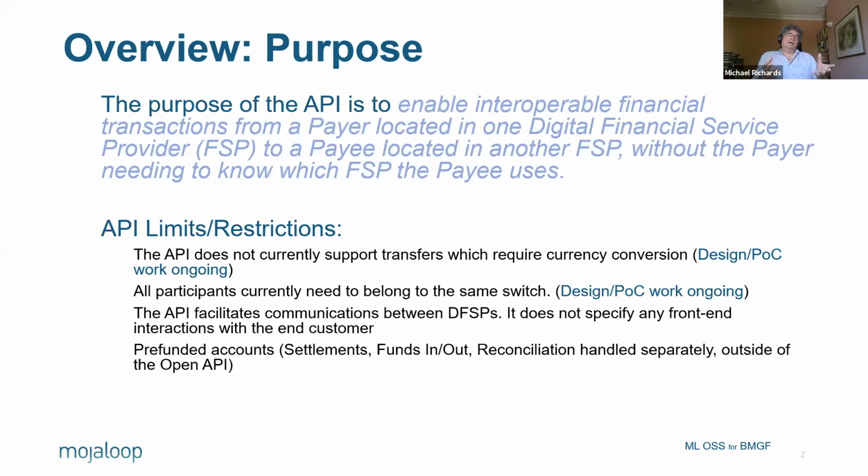The API is really about the connections between institutions, the institutions who represent those individual users to the system and to other institutions. So this is really about how banks, mobile money systems, MFI initiatives, those sorts of people, how they pass funds back and forth.